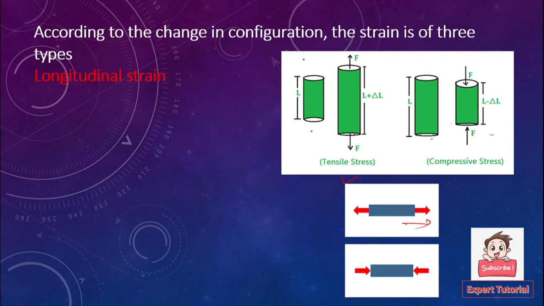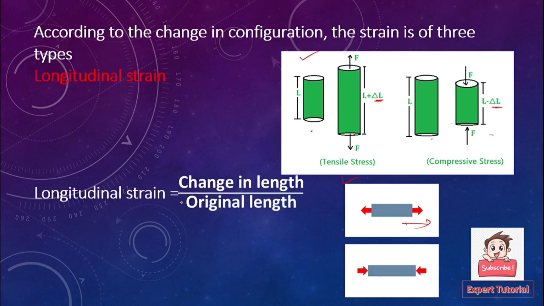In the first picture it is elongated by delta L, and in the second picture it is compressed by delta L. Tensile strain is also called longitudinal strain, and compressive strain is also called longitudinal strain.